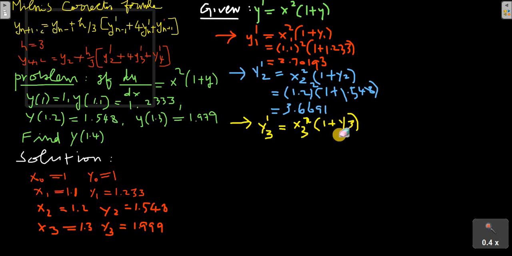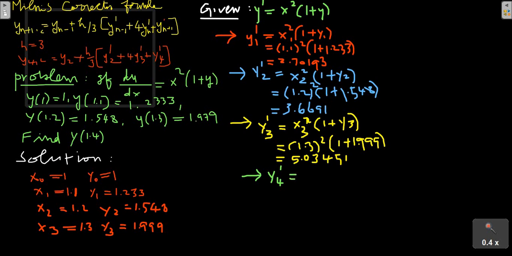You substitute here: 1.3 whole square into 1 plus 1.999. If you add, you will get the answer as 5.03451.